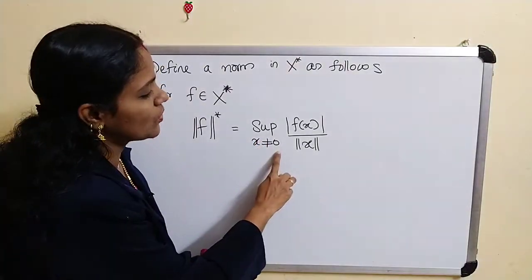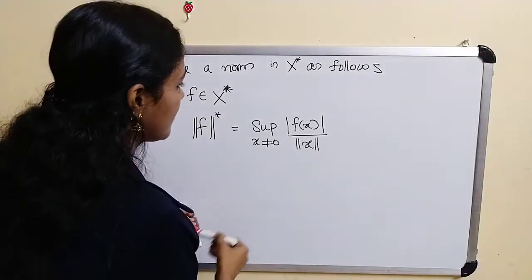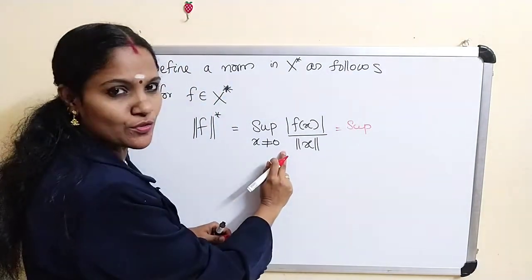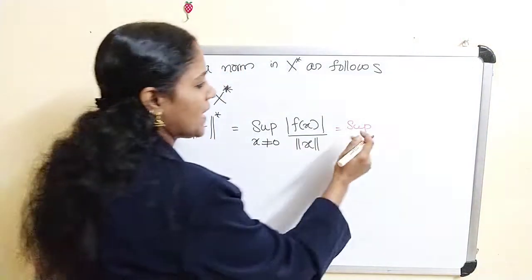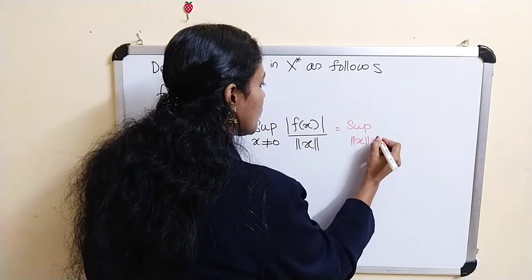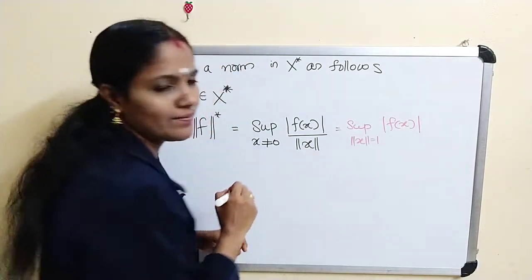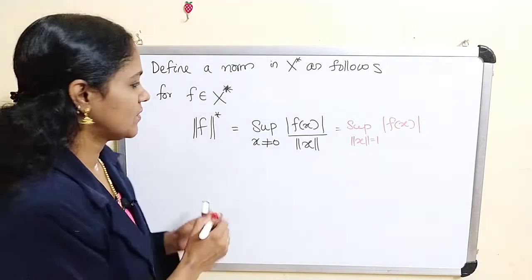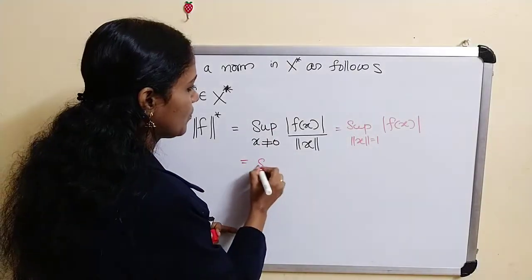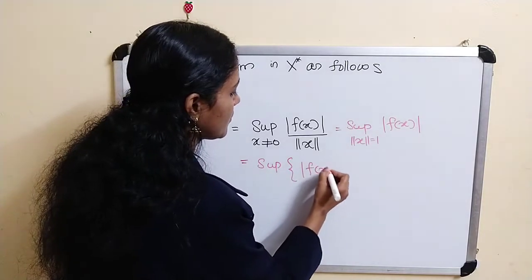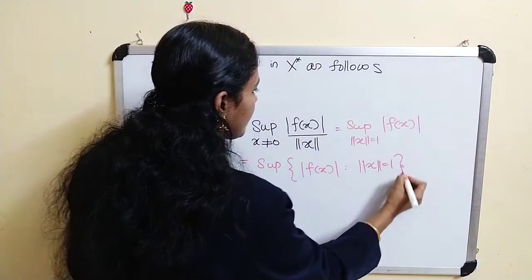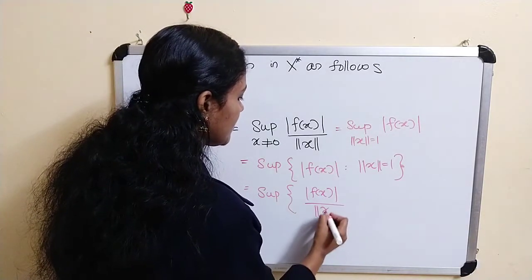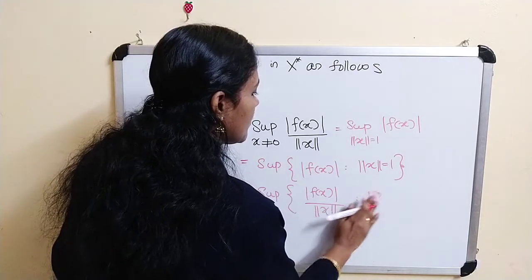So here the supremum over X not equal to 0 of norm of F of X by norm of X is the same as the supremum over norm of X equal to 1 of F of X, which is the norm of F. And this is equal to the supremum over norm of X equal to 1 of modulus of F of X. You can write this as the supremum of modulus of F of X such that norm of X equal to 1, and this is actually equal to the supremum of modulus of F of X by norm of X such that X not equal to 0.